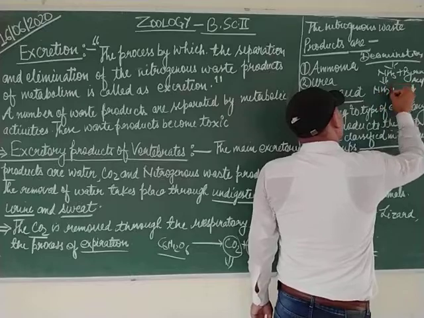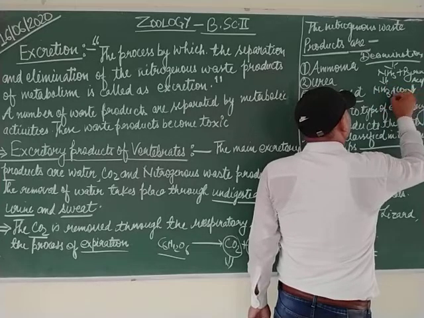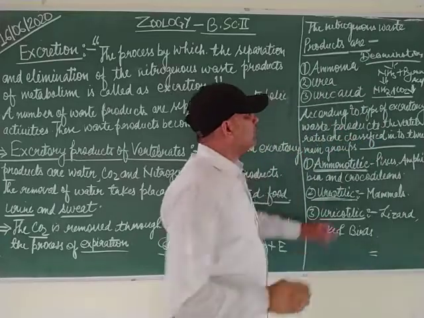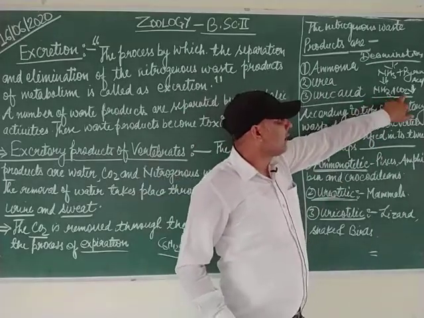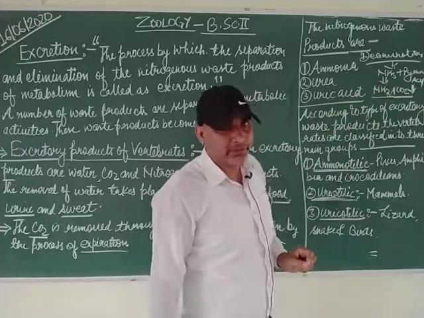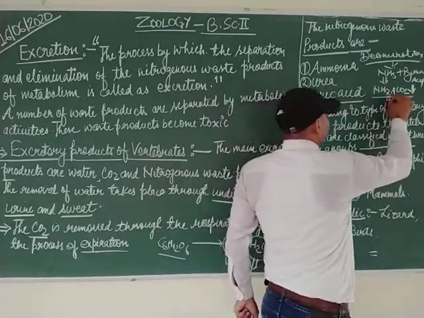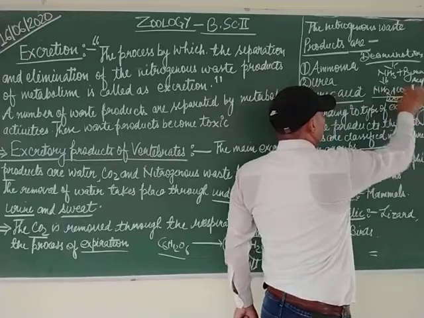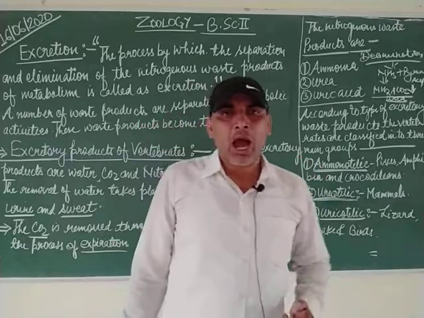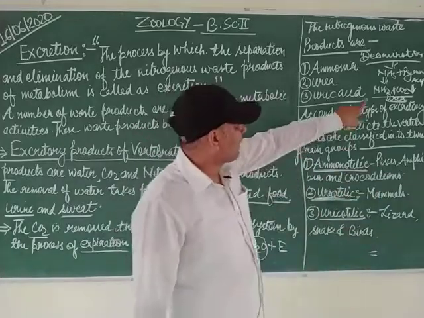Ammonia and carbon dioxide form urea due to the presence of the urease enzyme. Both products combine together after the metabolic process, and that forms urea.